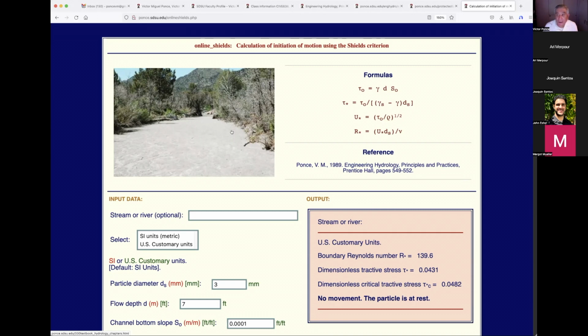Interestingly, though, and I should talk about this because eventually we'll talk about morphology and sediment transport, if the bottom of the river is sand, it already depicts a certain slope, on the order of 0.001. Because if it's 0.0001 or even less, it will have a little silt.